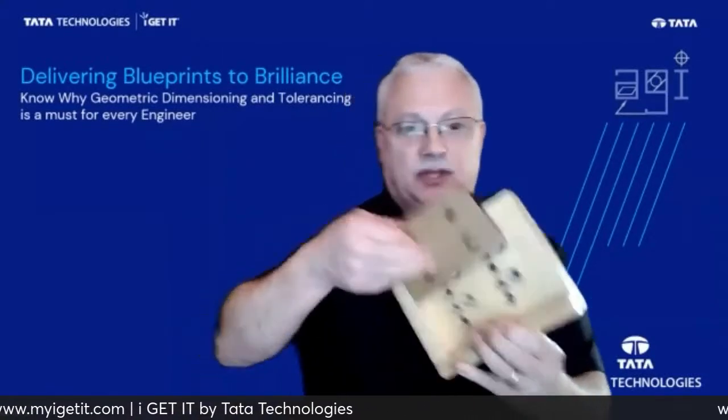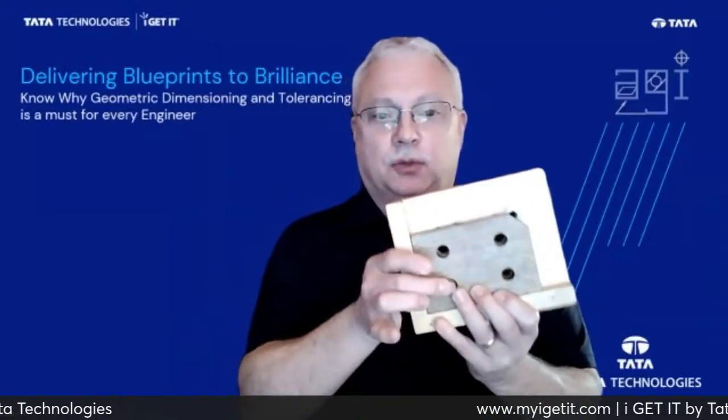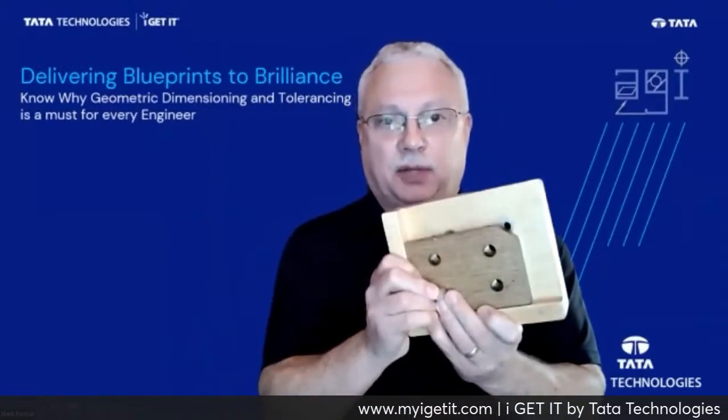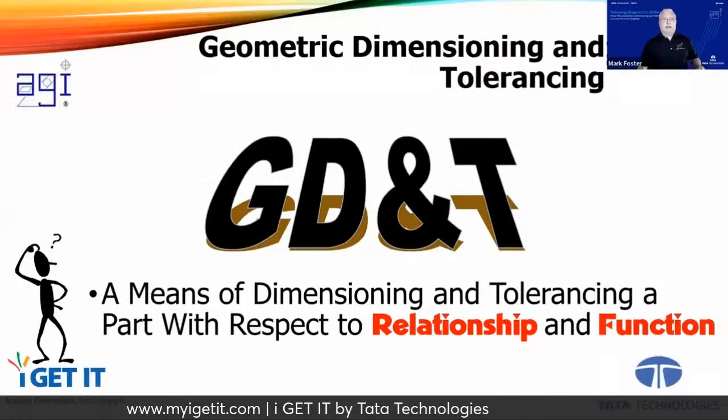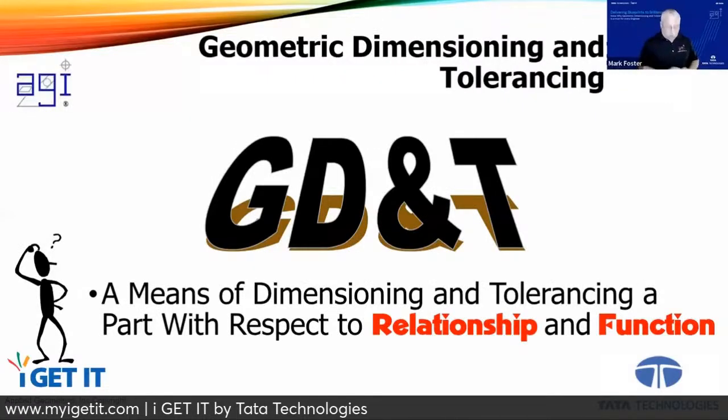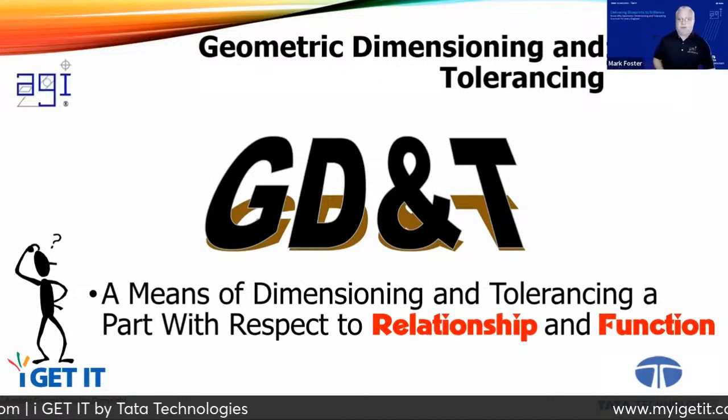If I try to put this thing together and put some sort of fasteners through here to hold these parts together in an assembly, we need to understand that functional relationship, that relationship of those parts. Can I fit them together? So you can think of the relationship word here as fit. Does it fit? Do the parts fit together the way that I want them to fit?